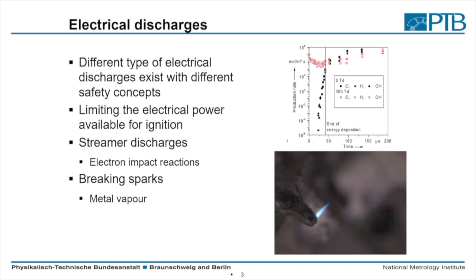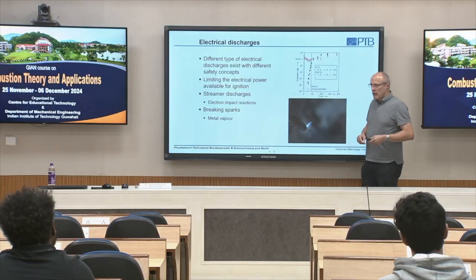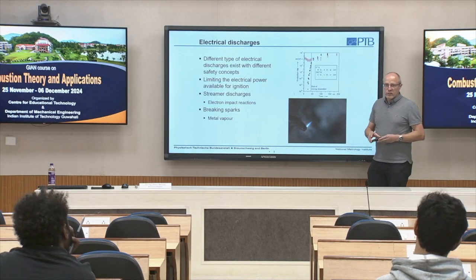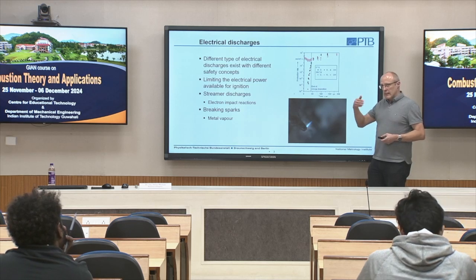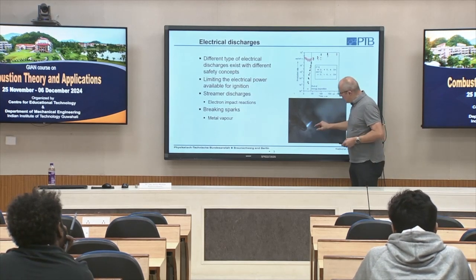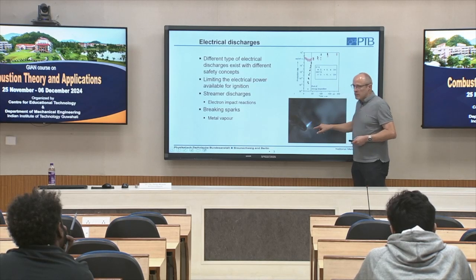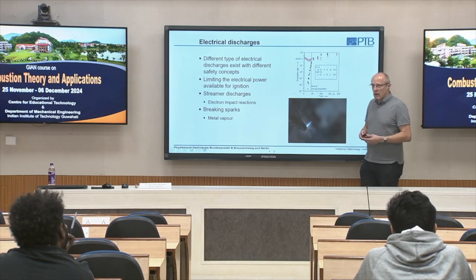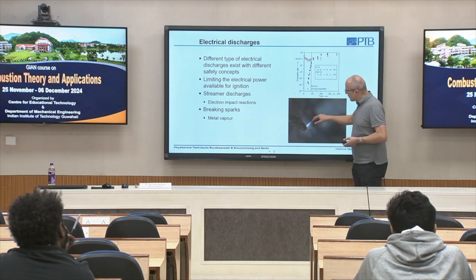So what is happening? The electrodes are in contact, so current is flowing, but then we are opening them, and so we separate them. And in the contact between the two electrodes, we reach very high temperatures. So the metal starts to melt, starts to vaporize, and then finally we get a plasma here, consisting also of metal atoms and so on. So it's a quite complex configuration.